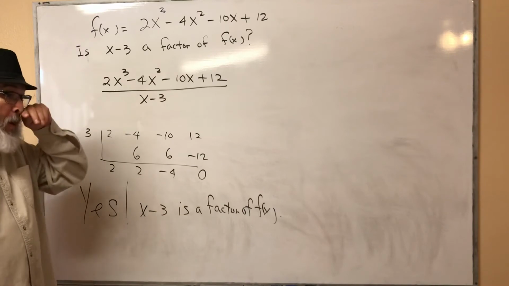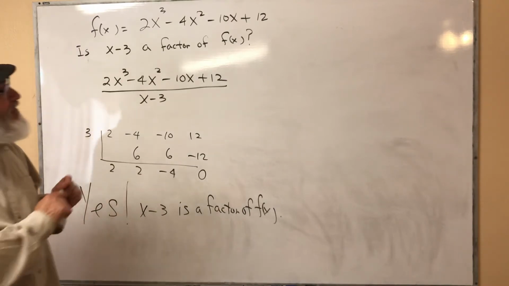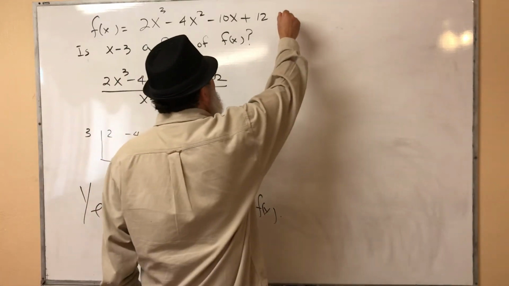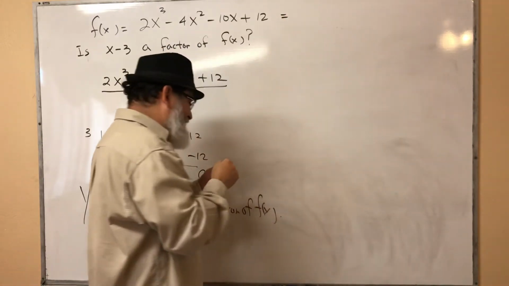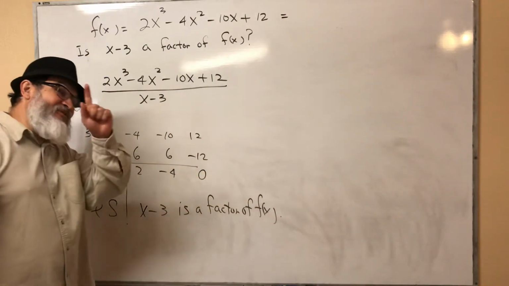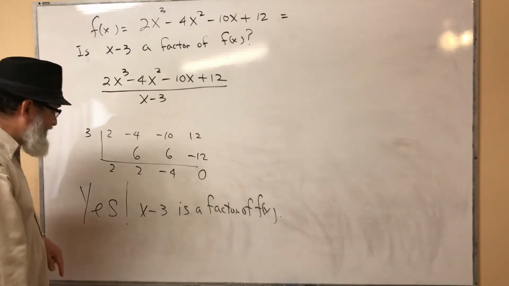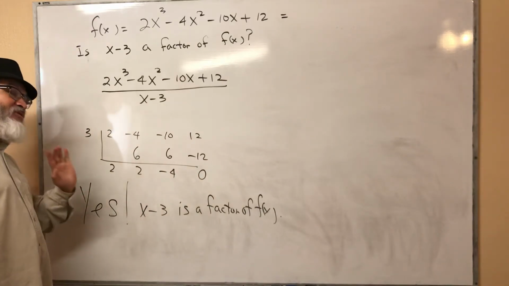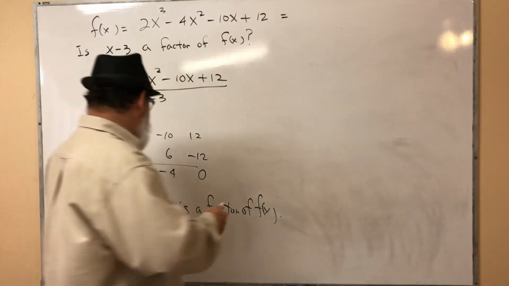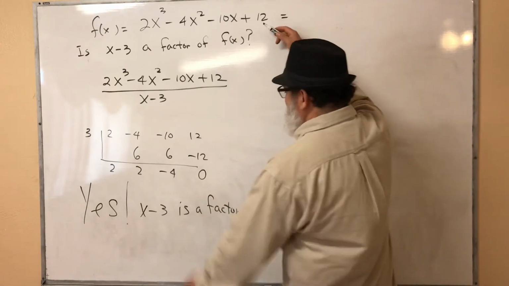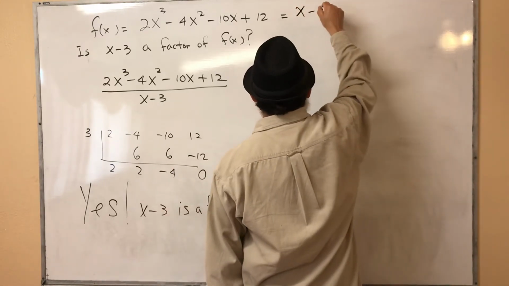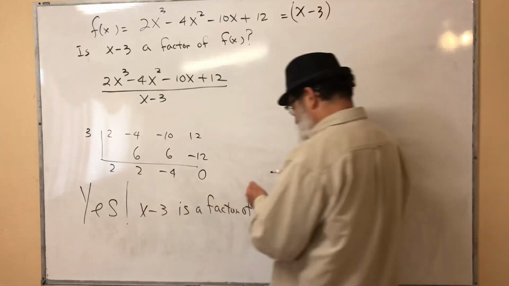Hey, watch this. This is beautiful. Because x minus 3 is a factor of f of x, then we can write it the following way. Then f of x equals x minus 3 times what?